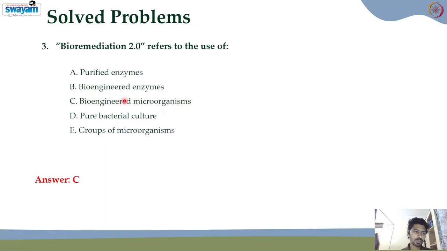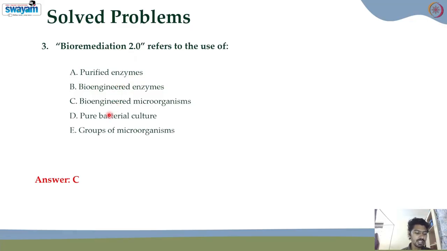So it is engineering the whole microbes. And if we see the other options, as we understand, it is engineering the whole microbes. It is not denoting just the enzymes. So these options will be eliminated. And here we refer to whole microorganisms. So the bioengineered enzymes will also not be a part of bioremediation 2.0.